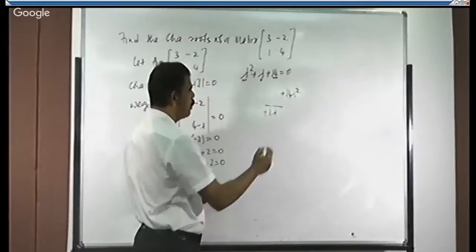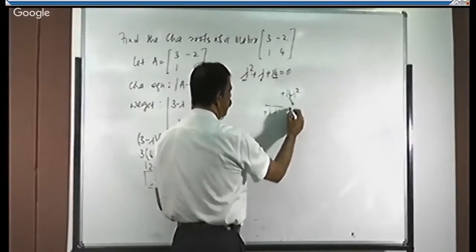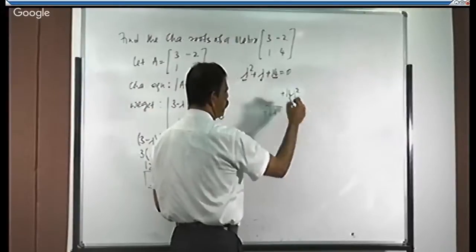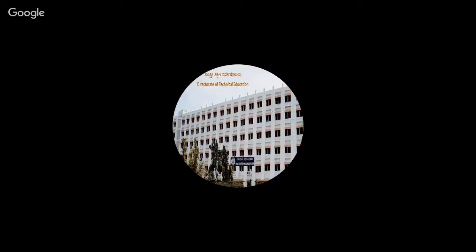Right, factors of 14. I get 1 into 14 is 14, and 2 into 7. 14 plus 1 is 15, 14 minus 1 is 13.